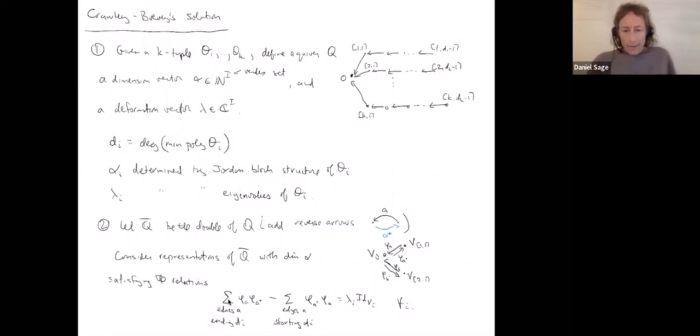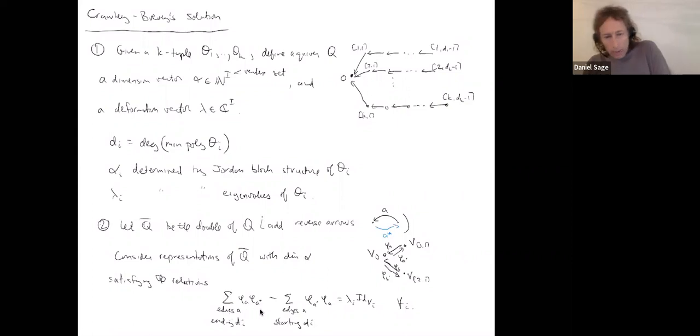Then we want it to satisfy this relation. At each vertex, you can get an endomorphism of the vector space at that vertex by going out along an arrow and then in along its dual, or out along a dual arrow and in along the original one.